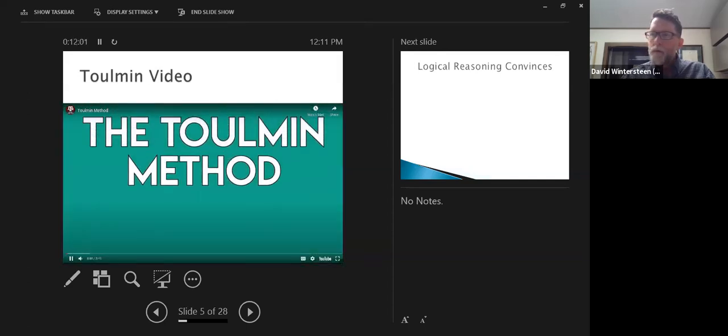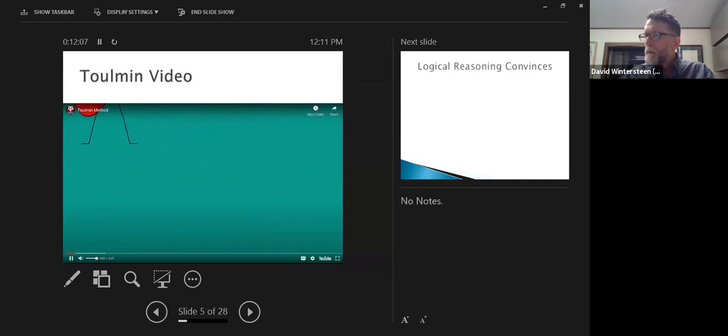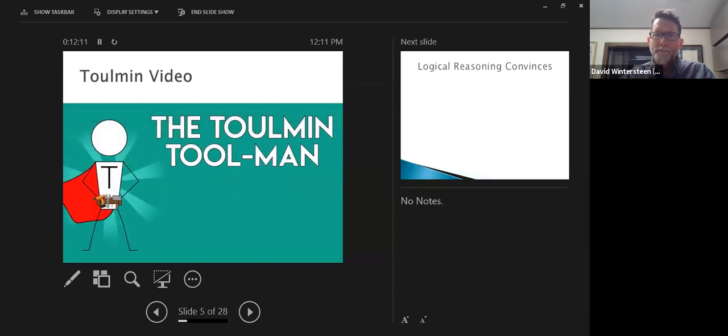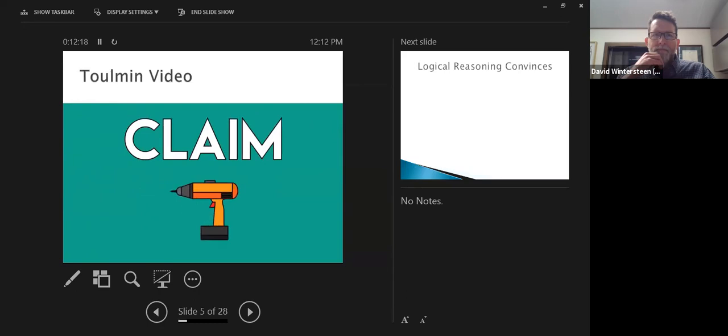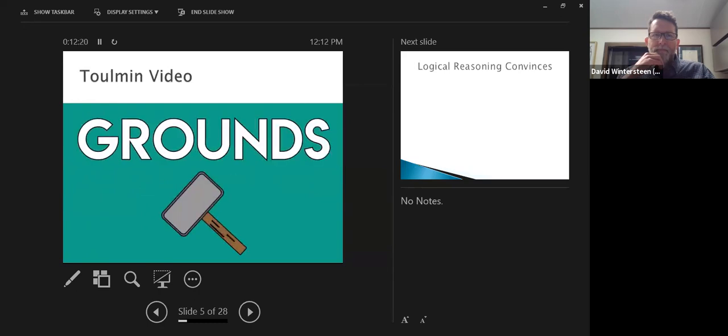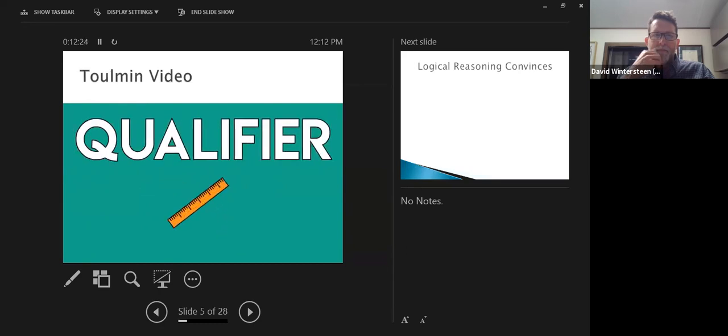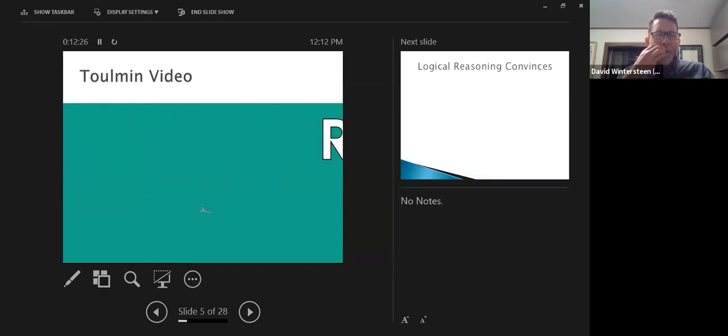The Toulmin method is a tool for analyzing and crafting arguments developed by the philosopher Stephen Toulmin. To help you see all the benefits of this method, here's the Toulmin Toolman to show you how it works. Each of the tools on his tool belt is essential for developing a strong argument: claim, grounds, warrant, backing, qualifier, and rebuttal.